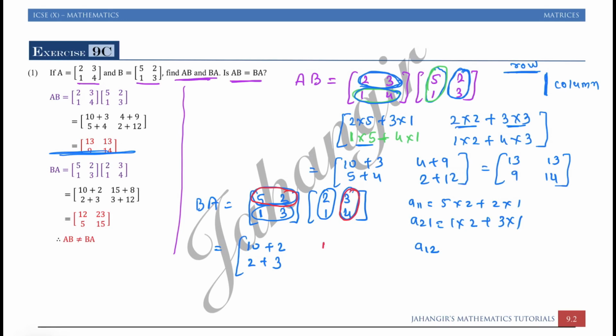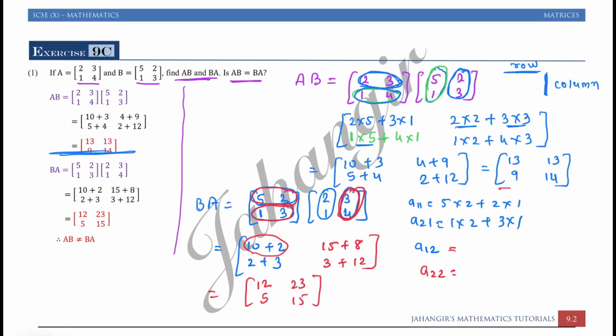So 5 3s are 15 plus 2 into 4, 8. Then second row, second column, A22. So here I will write 1 into 3 is 3 plus 3 into 4 is 12. As you can see, we have to just add up. 10 plus 2 is 12, 2 plus 3 is 5, 5 plus 8 is 23, 3 plus 12 is 15.